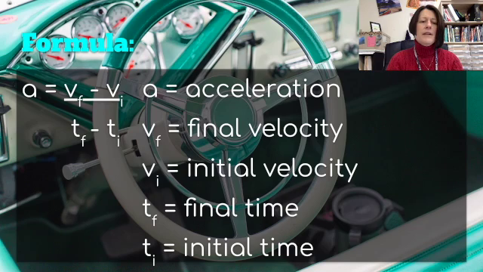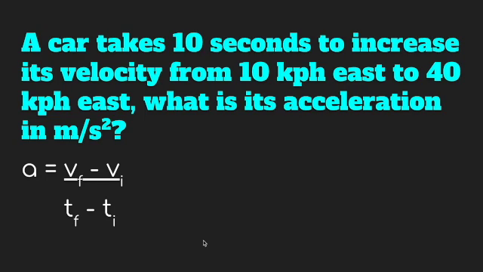Acceleration is the final velocity minus the initial velocity over the final time minus the initial time. And a lot of times the initial velocity and the initial time may be zero, which would simplify this even further. So an example of an acceleration problem is a car takes 10 seconds to increase its velocity from 10 kilometers per hour east to 40 kilometers per hour east. What is its acceleration in meters per second squared?